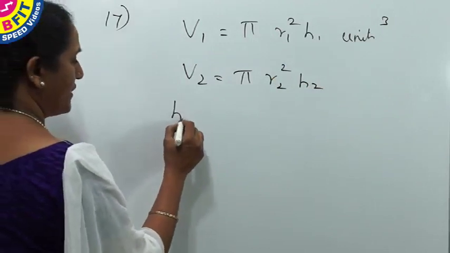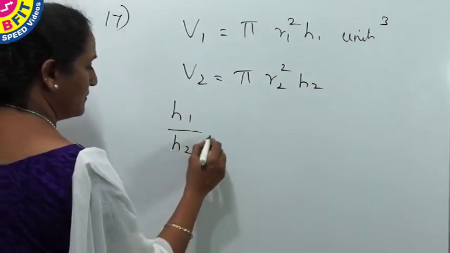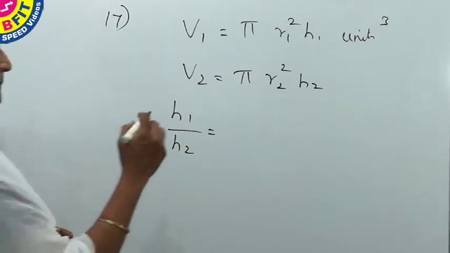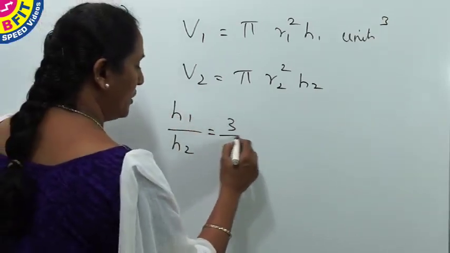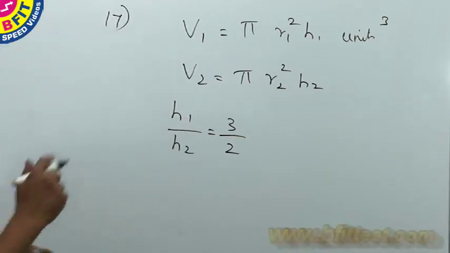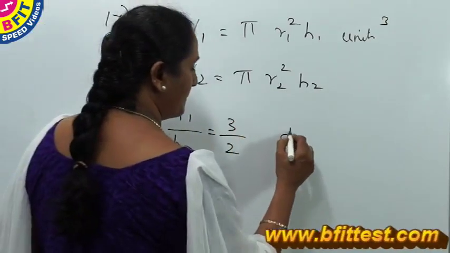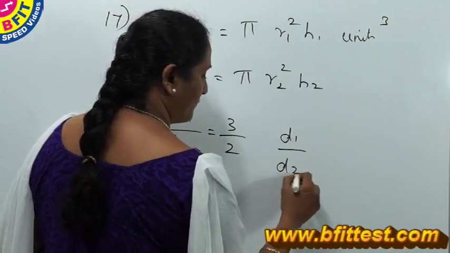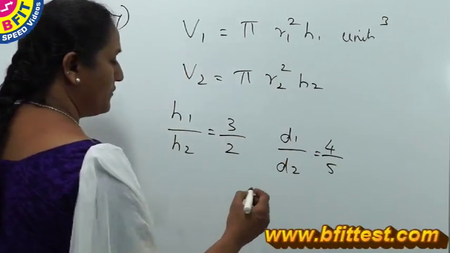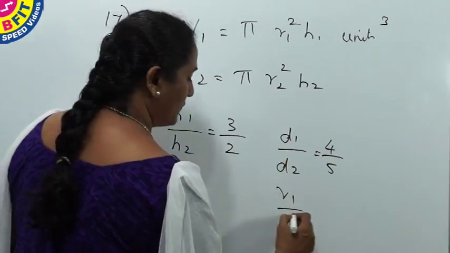So ratio of heights is given as H1 by H2, ratio can also be written in quotient form 3:2 or 3/2, and ratio of diameters is given as 4:5, which is also equal to ratio of their radius.